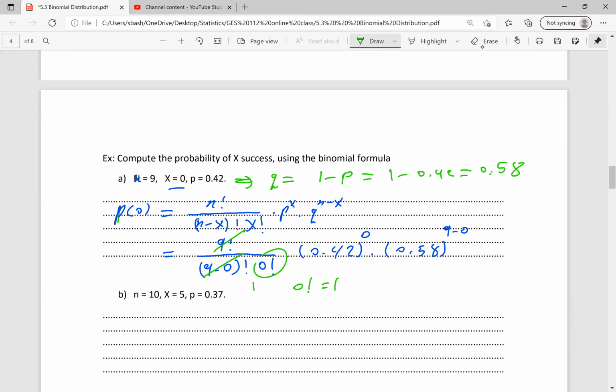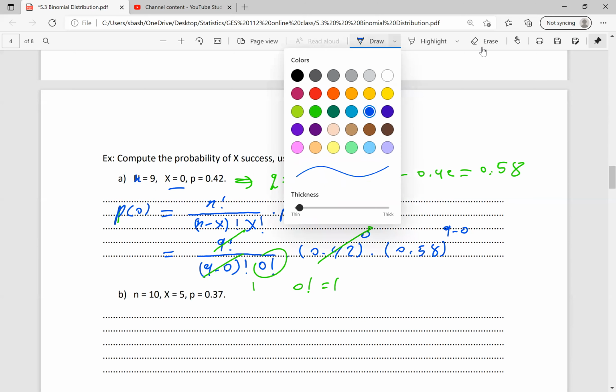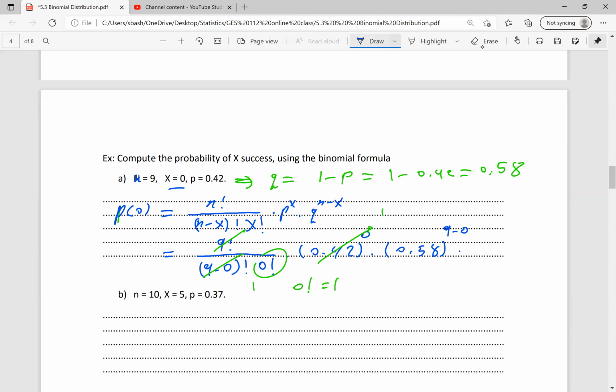Now 0.42 to the power 0 is equal to 1. So the answer for this probability will be 0.58 to the power 9. So the probability of getting 0 successes in this experiment is 0.58 to the power 9.